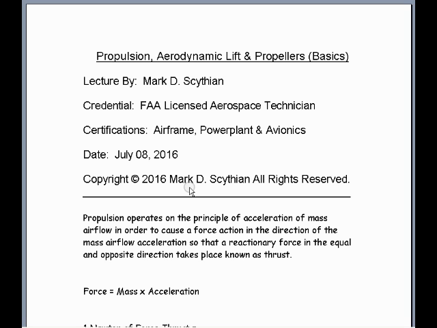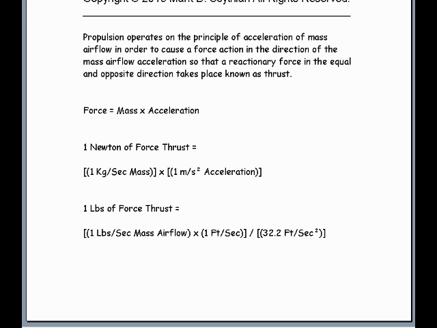And then, anytime you accelerate any type of mass, including the air, you're going to get thrust or a reactionary force. So I'll start with a lecture that I put together here and just cover the very basics so the idea is understood and people who seek to learn more can build up on the basics.